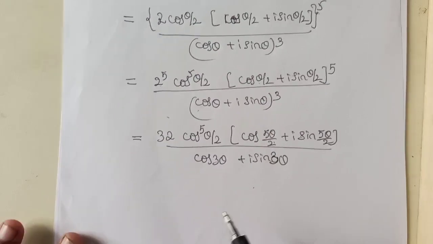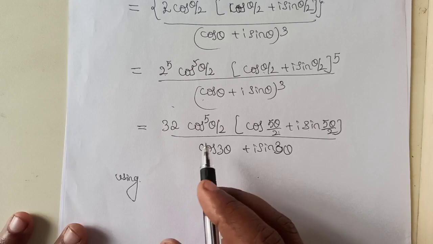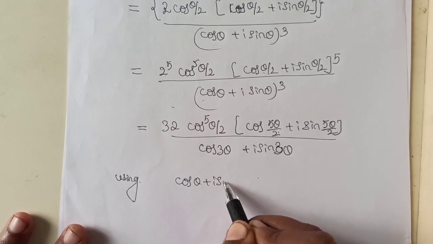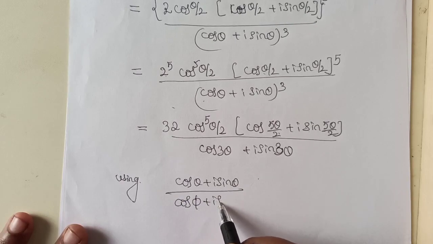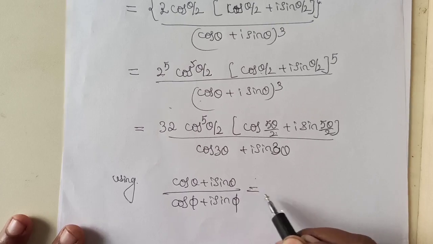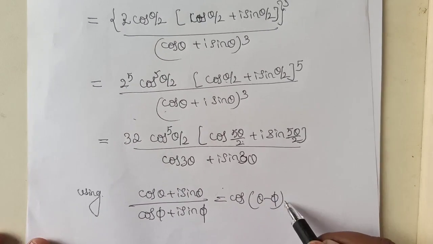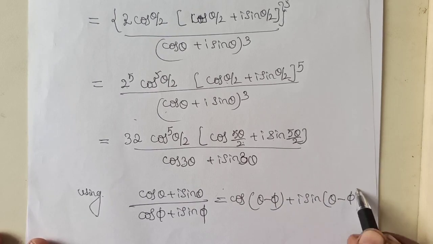So we can use the formula that we already proved yesterday: (cos θ + i sin θ) divided by (cos φ + i sin φ) can be written as cos(θ − φ) + i sin(θ − φ).